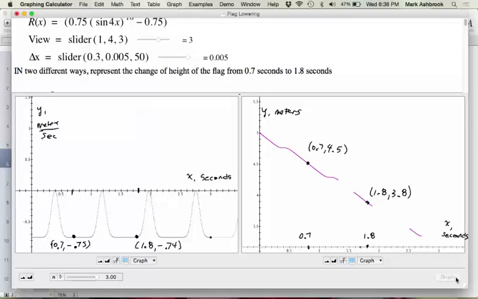So let's name this function, so we'll name that function R of t. Okay, and then we'll name this one H of t. So in two different ways, I want you to represent the change of height of the flag from 0.7 to 1.8 seconds. Go, see if you can do it.